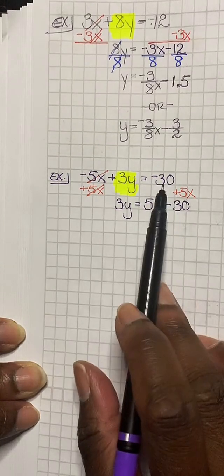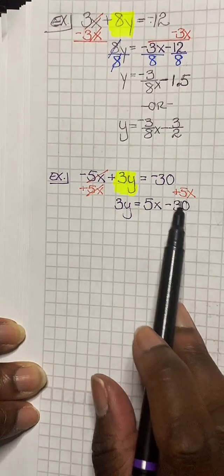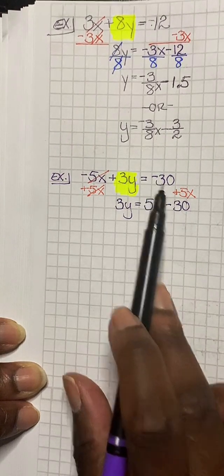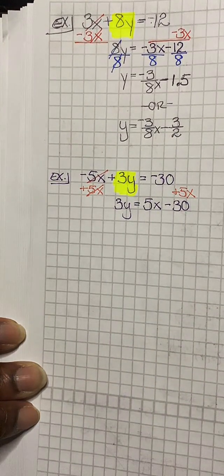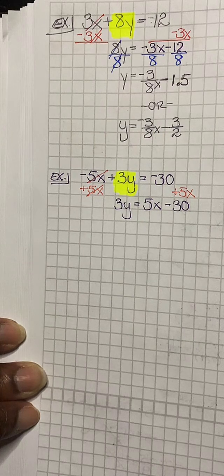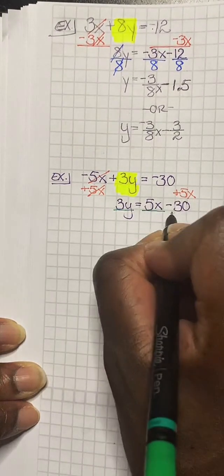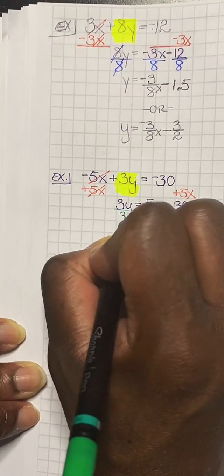Okay, keeping the signage. So that plus 5, that's a positive 5. Okay, then we have our minus 30. Now, Cherry, this is when we divide everything by 3.